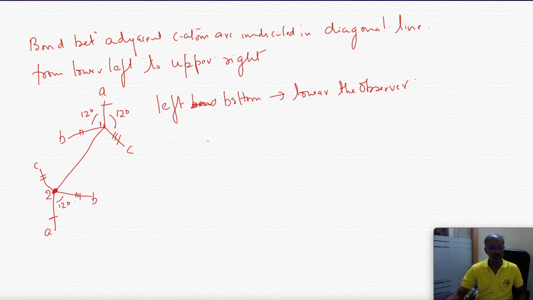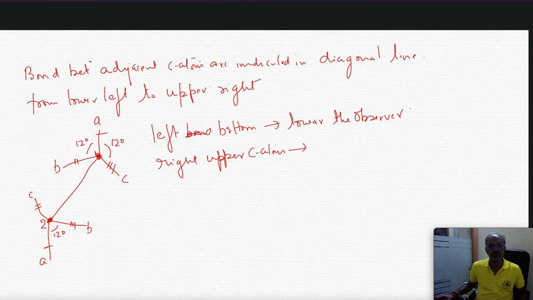And right upper, that means this, right upper carbon atom is away from the observer.